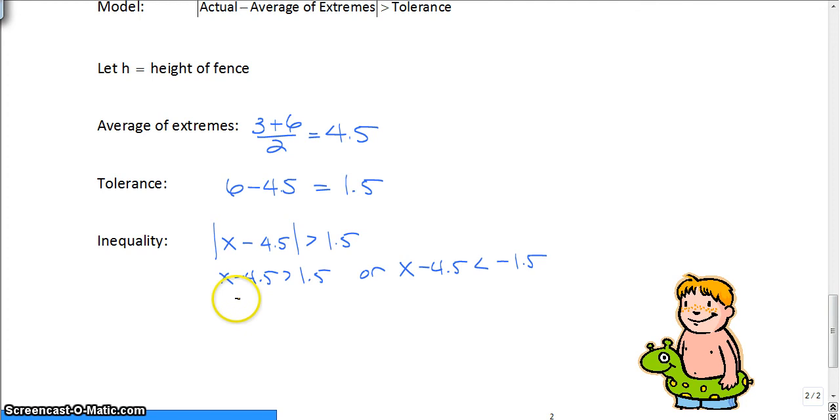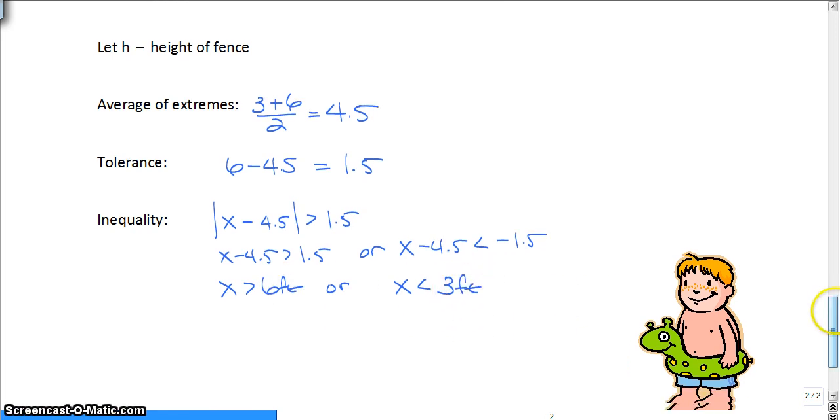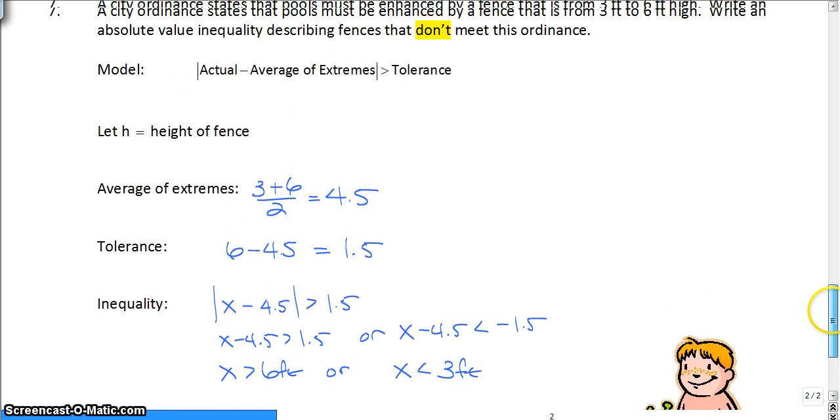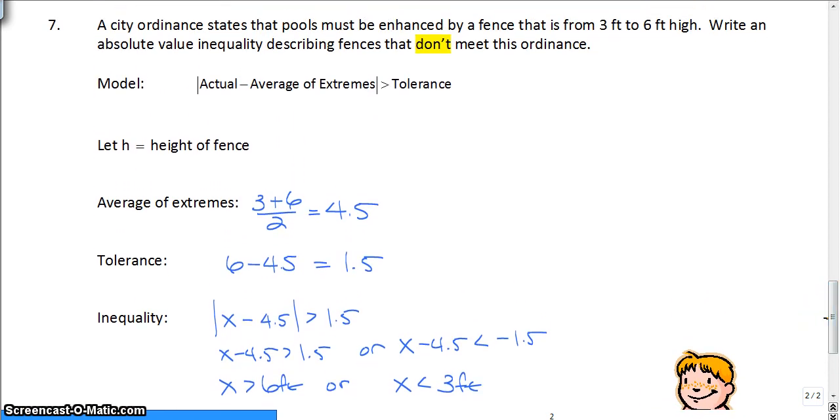All you have to do is add your 4.5: x is greater than 6, or x is less than 3. And of course, this is feet. And that will tell you the range which is not acceptable by the city ordinance for the height of a fence around the pool.